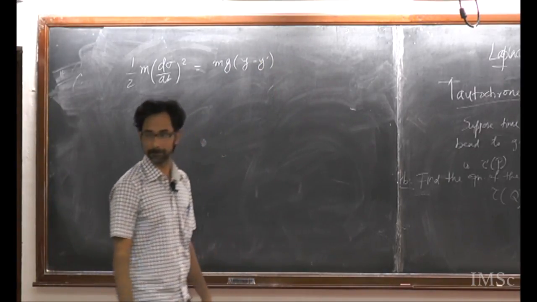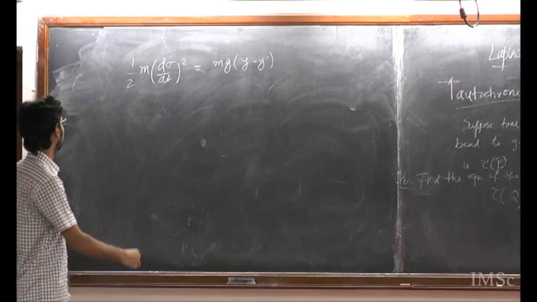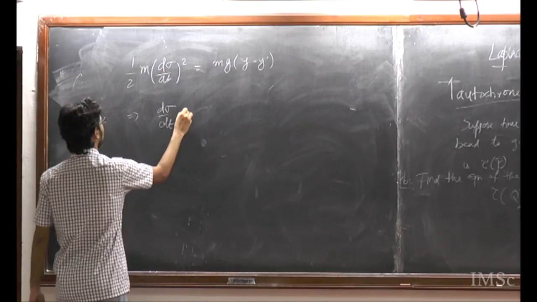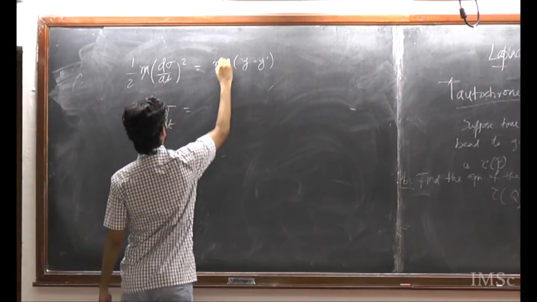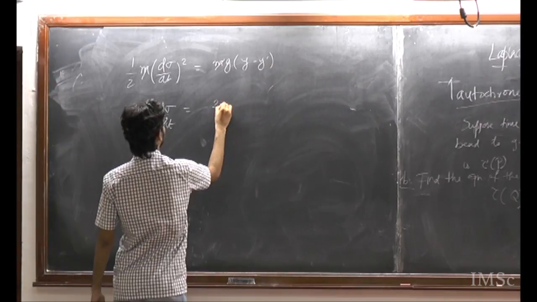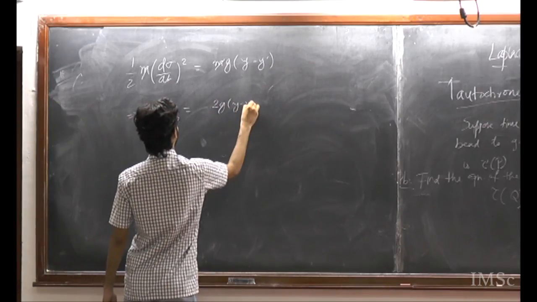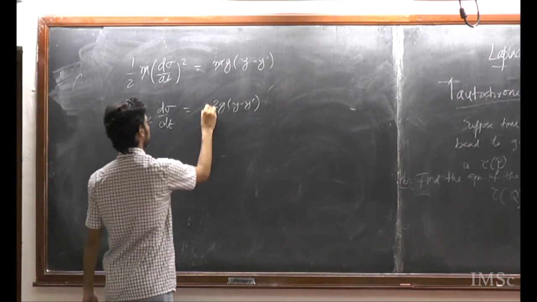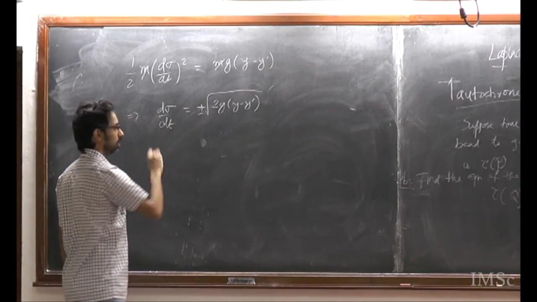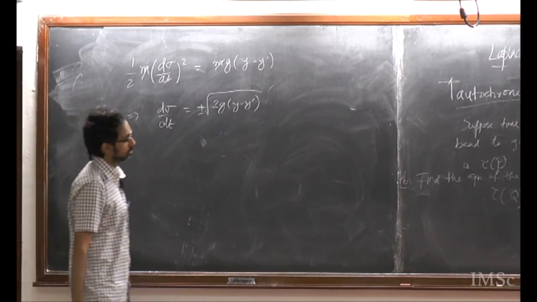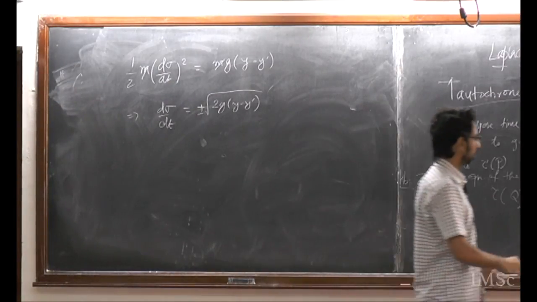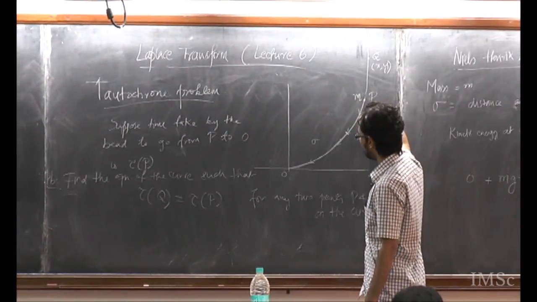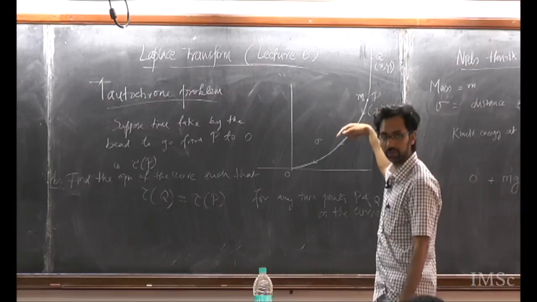So d sigma over dt equals, m cancels out, square root of 2g (y minus y prime), and you have to put a plus minus sign. But since this is a physical system, you can see that when time increases, sigma will decrease.